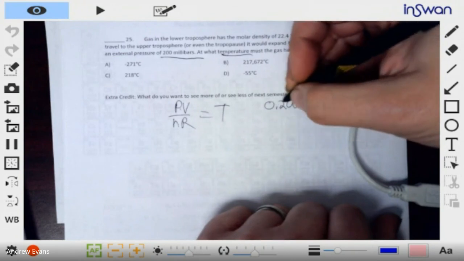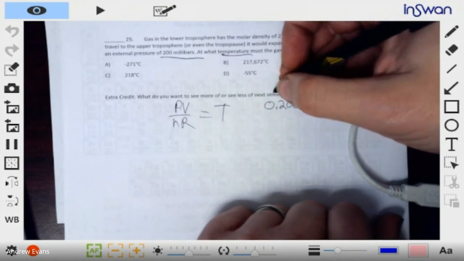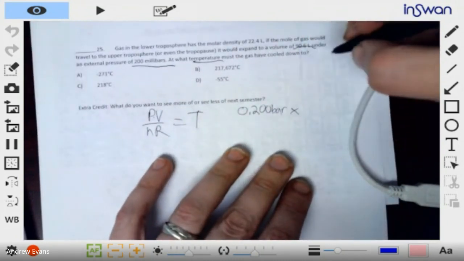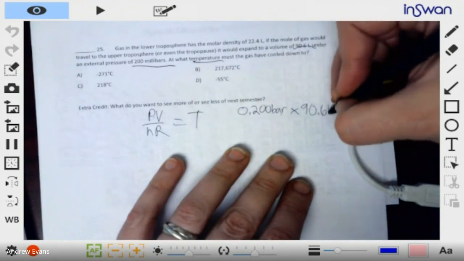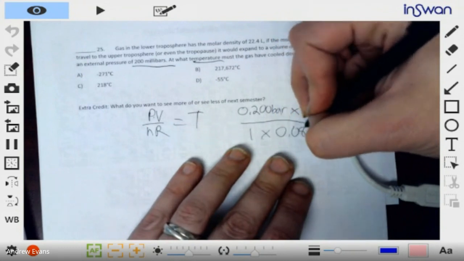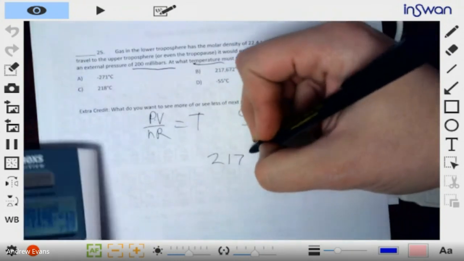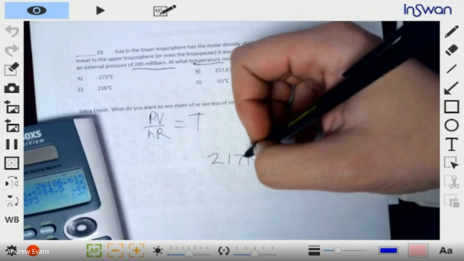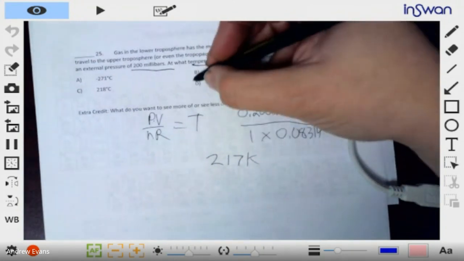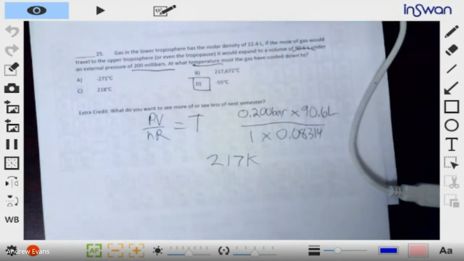There's 1,000 millibars in 1 bar, so that's a little tricky thing. Now it's 90.6 liters divided by 1 divided by R. You do that, you get something like 217 Kelvin. 217 minus 273, it's like negative 55. Your answer is negative 55 degrees. It has dropped to negative 55 degrees.